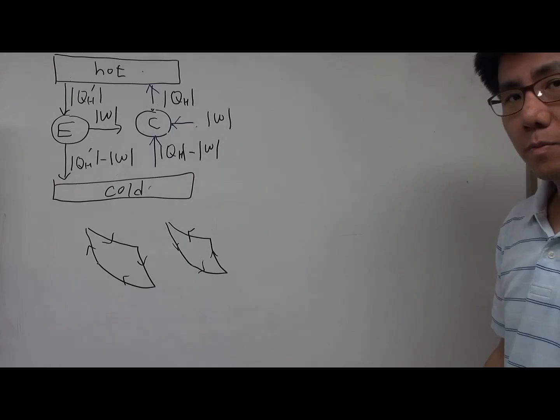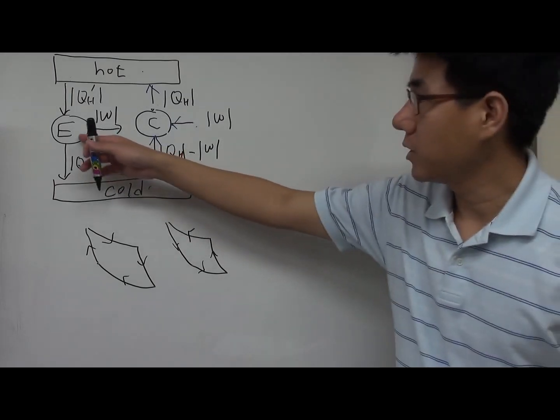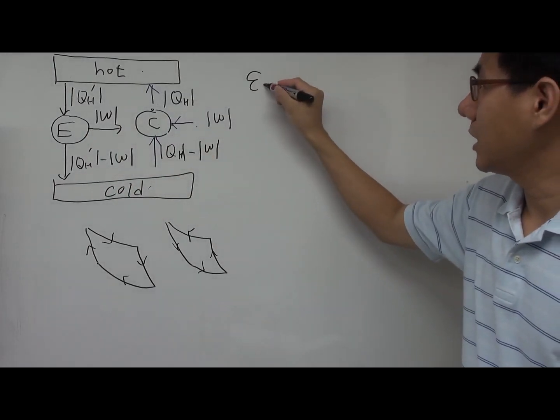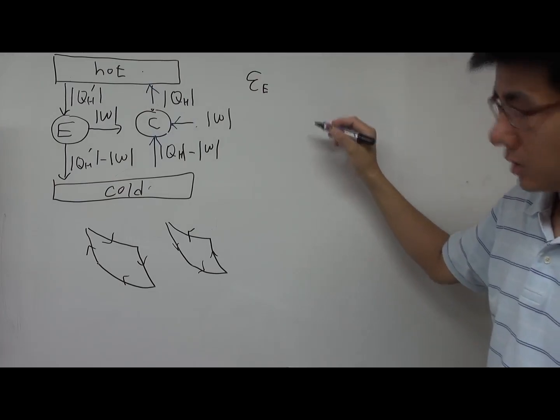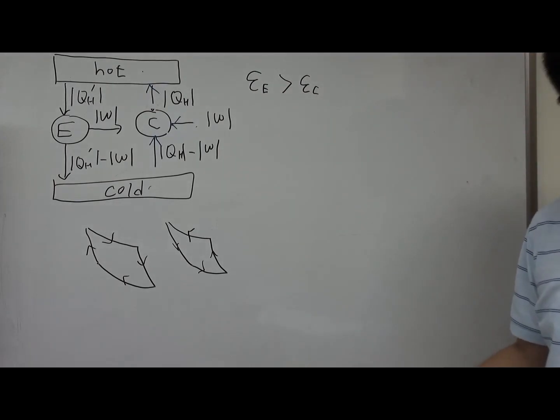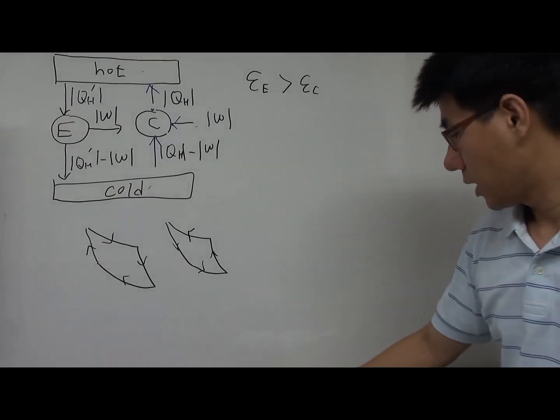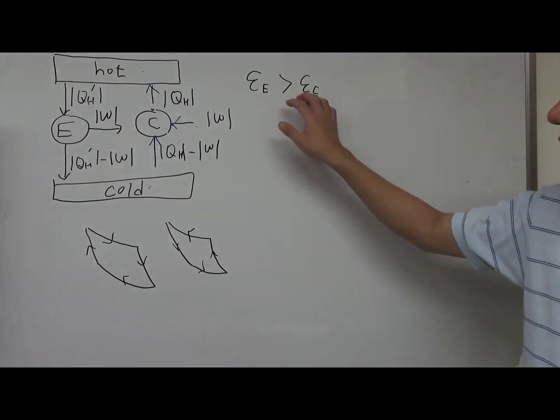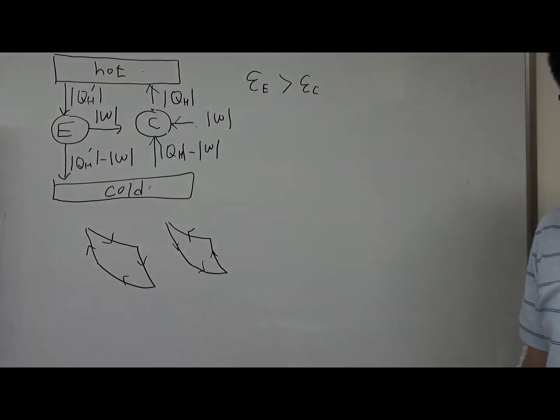And we assume that the efficiency of engine E is larger than the efficiency of the Carnot cycle. We just assume it. And we'll show that this cannot be the case.